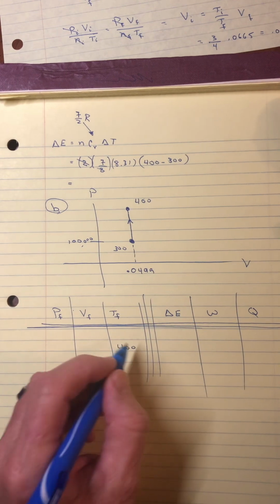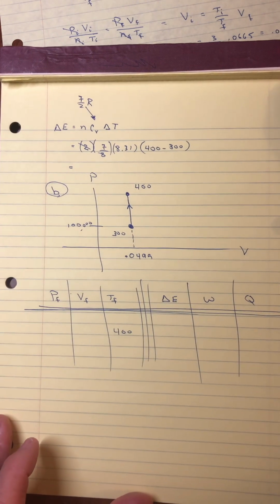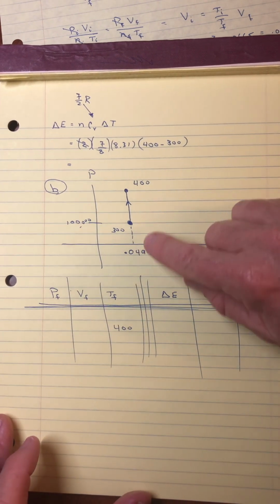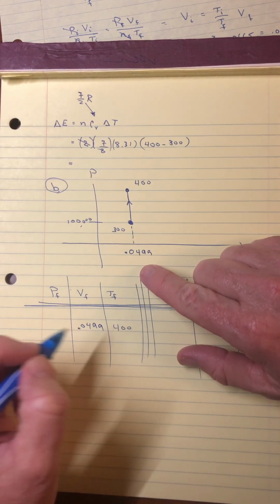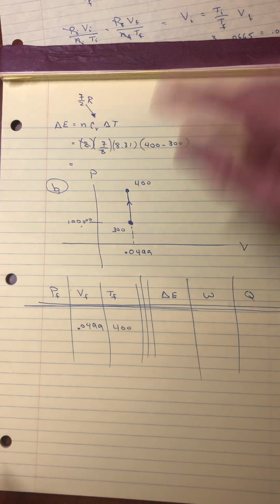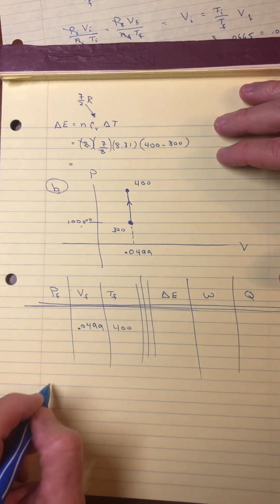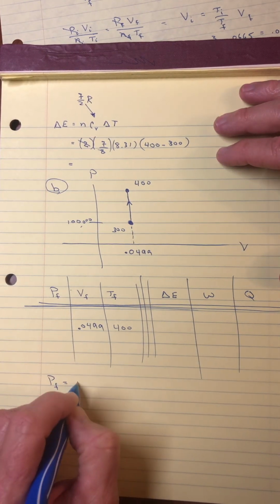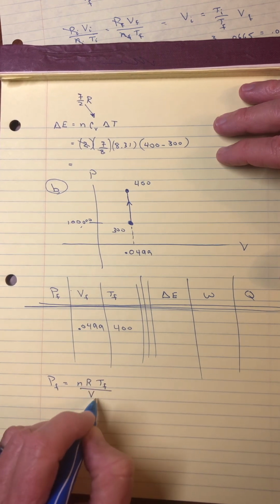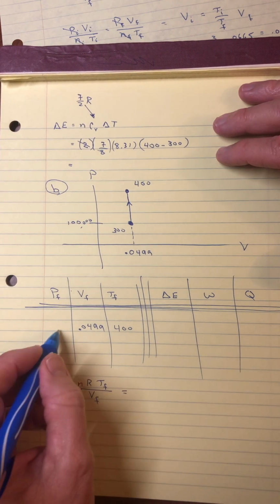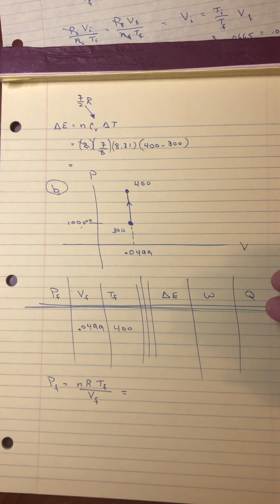That's 400. They tell us they will get it to 400. Okay. And since they tell you it's constant volume, you know the volume's also the same amount, which gives me the option to get final pressure by taking n, R, and final temperature and dividing it by final volume. And so I'm going to fill that one in.